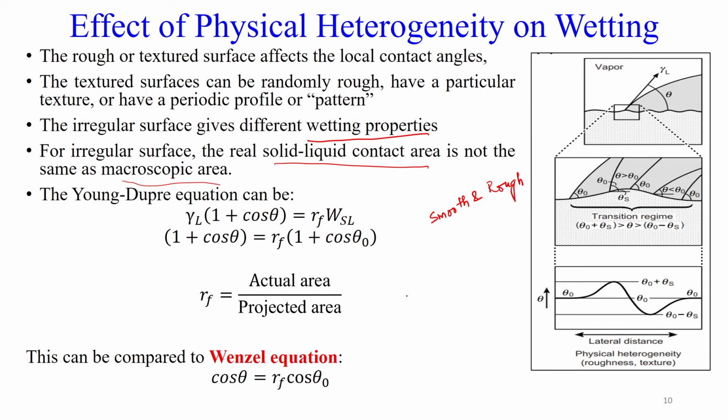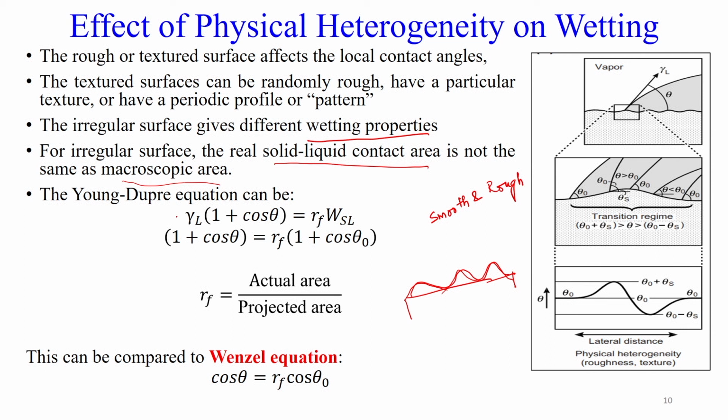Because let us say you are having a surface like this, this is the rough surface. Whatever the area was on this surface, the rough surface is going to have the higher area.